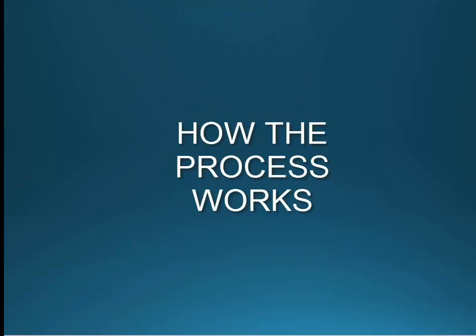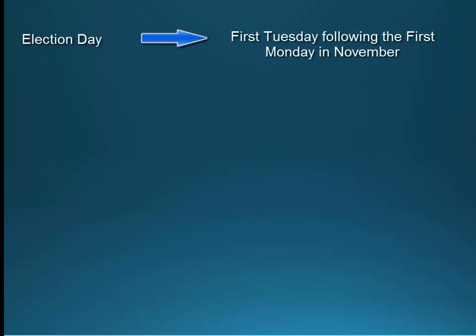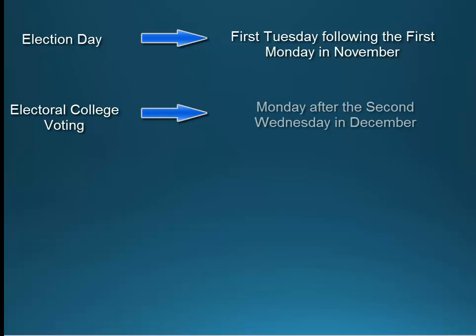As stipulated by the Constitution, the schedule for electing a president goes like this. Election day occurs on the first Tuesday following the first Monday in November. This is when citizens decide which list of electors will cast ballots in their state. Those electors then meet in the state capitol on the Monday after the second Wednesday in December.